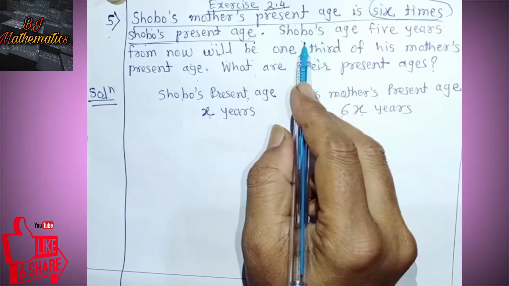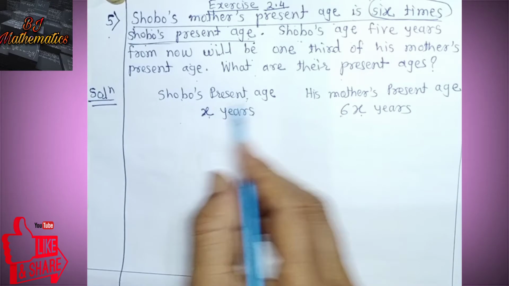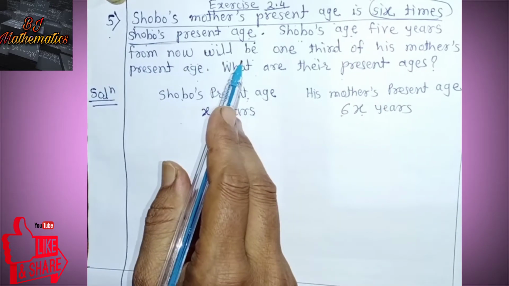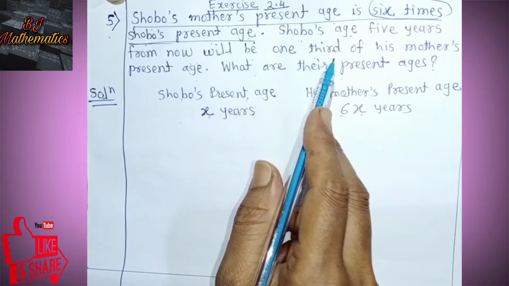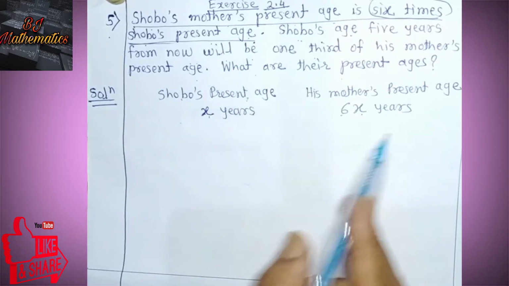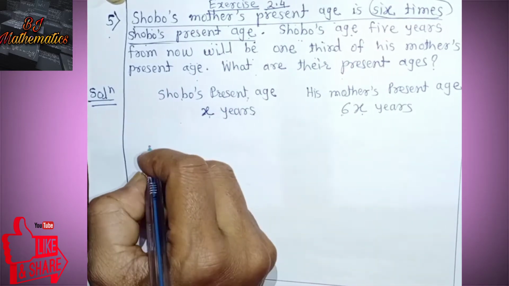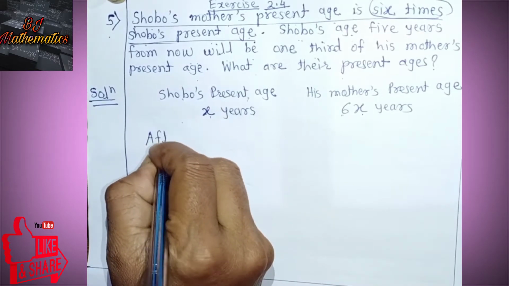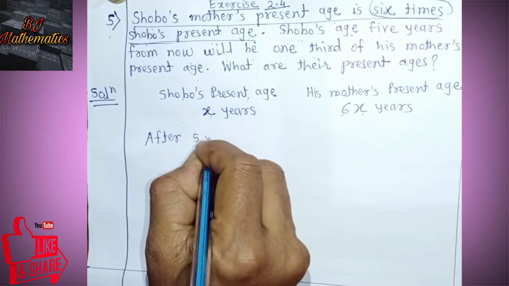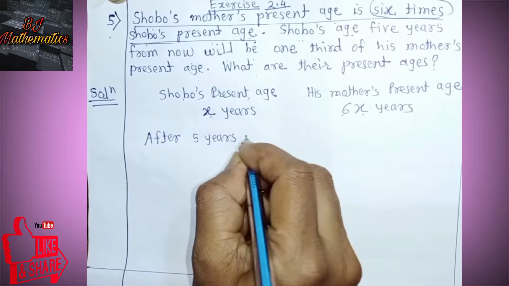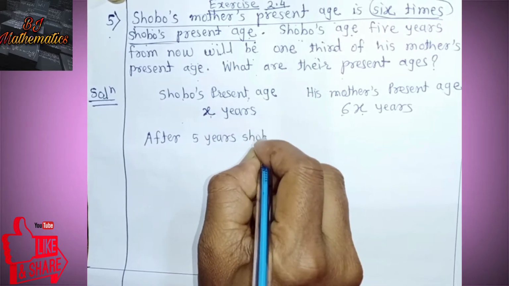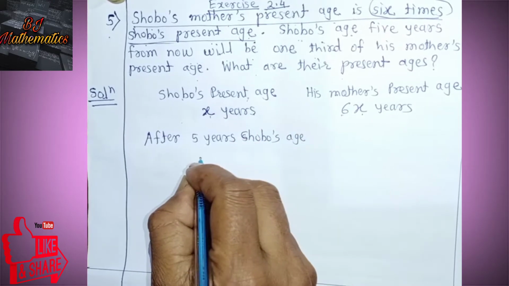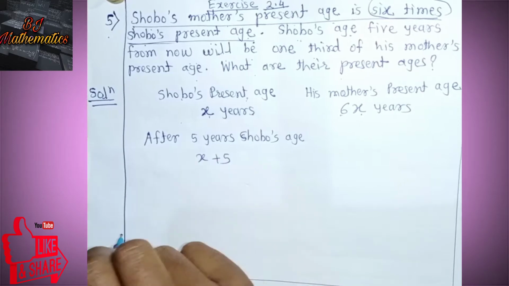Apply the second condition now. Shobo's age after 5 years: 5 years from now will be 1/3 of his mother's present age. After 5 years, Shobo's age will be x plus 5.